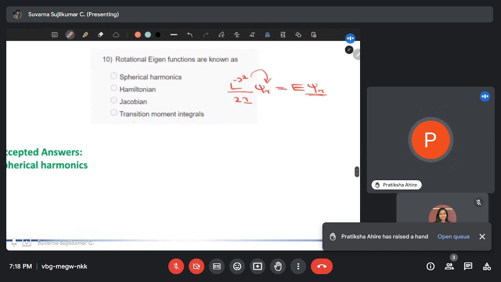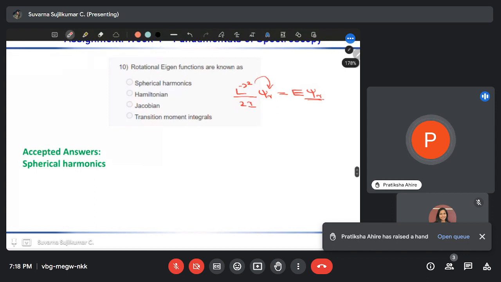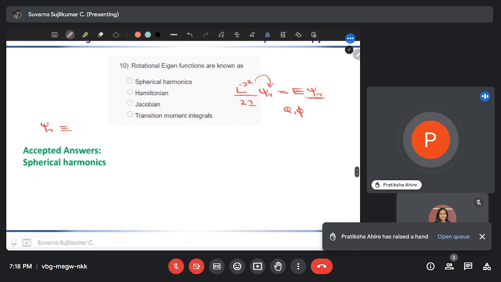So psi r is represented as spherical harmonics. It depends upon theta and phi.